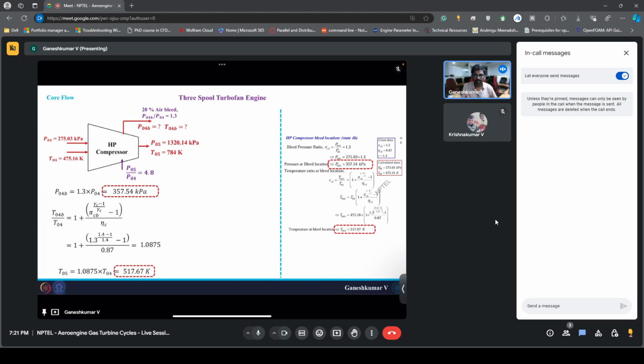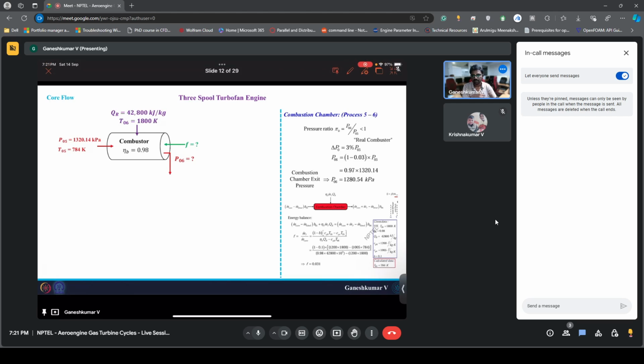So the next component that we have is the combustor. Now if you think about what happened, we have removed 20% of the air which was in the core stream. Before we were removing only 10%. Now in the combustor, some amount of air enters with the pressure and temperature, and it is leaving at a set temperature, which is 1800 Kelvin for this problem.